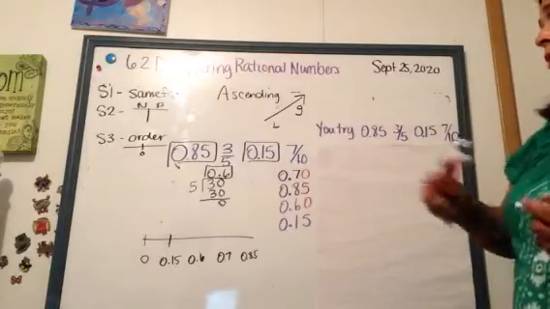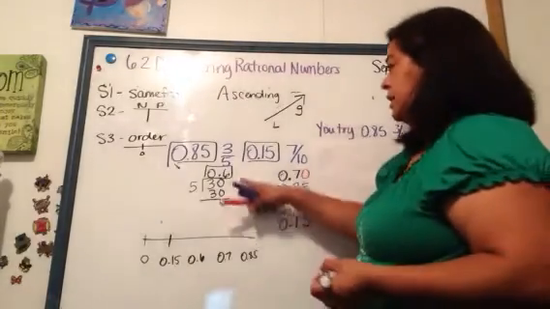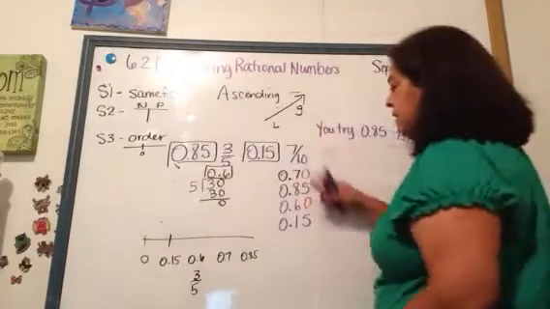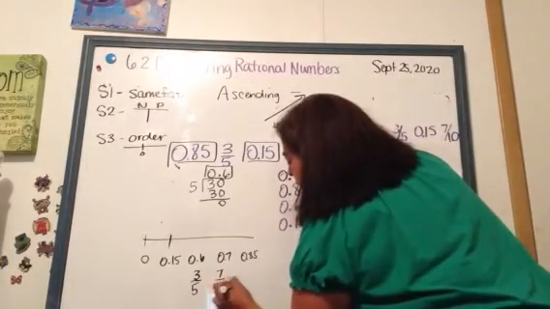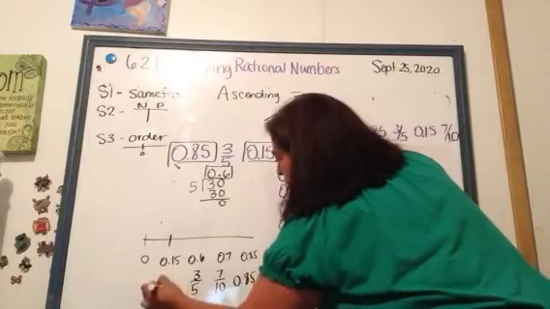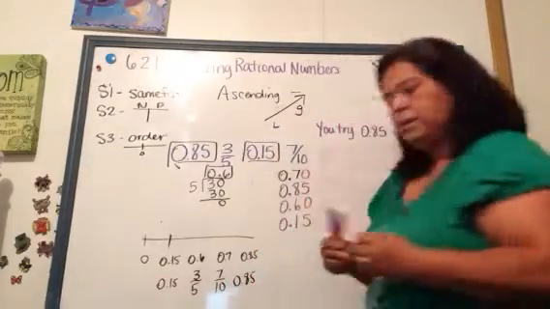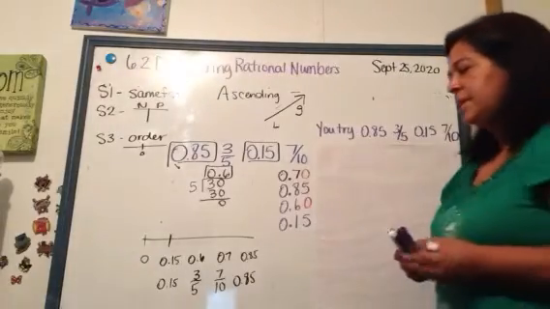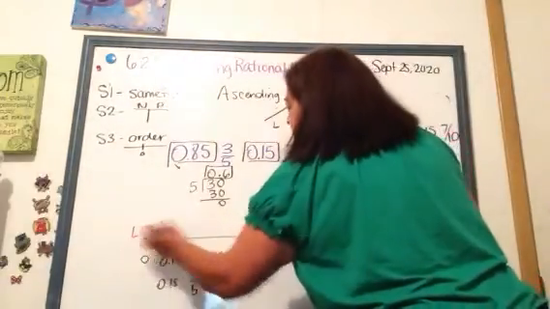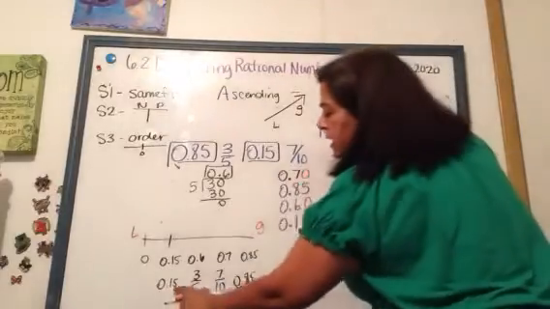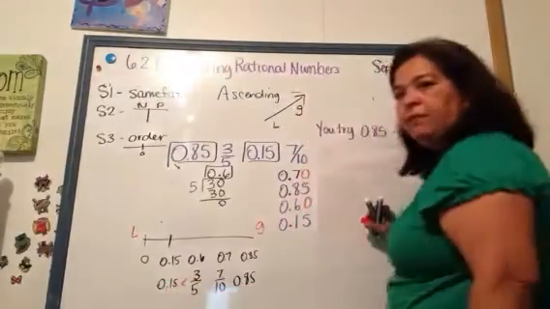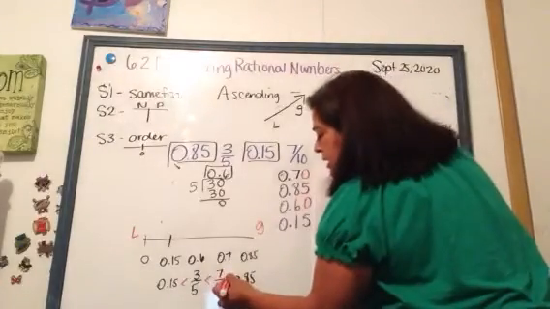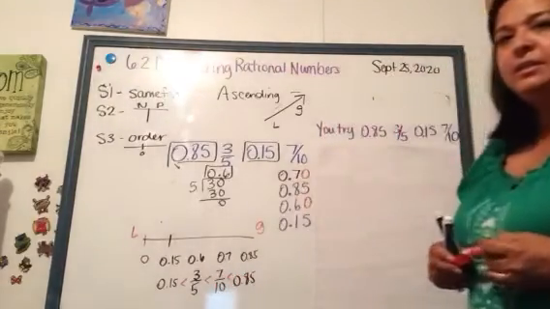And I want to write them in their original form, so I'm going to go back to 6/10 is 3/5, and 7/10 is 7/10. Did I forget something? Hopefully you said the inequality symbols, Miss Atkinson. Remember, this is least to greatest, so I know 15 hundredths is less than 3/5. 3/5 is less than 7/10, and 7/10 is less than 85 hundredths.